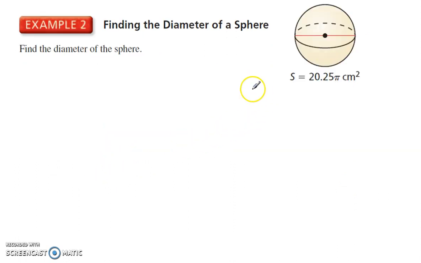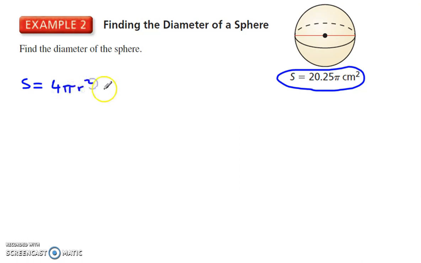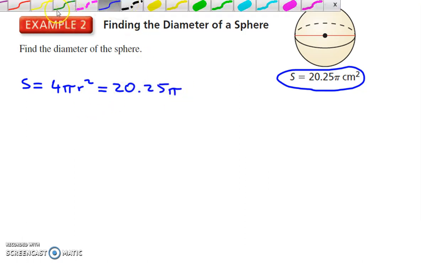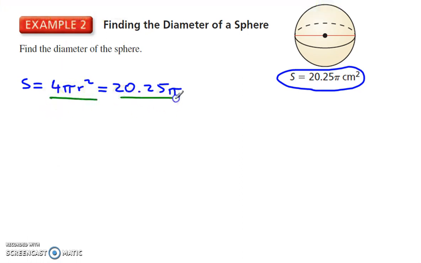All right. If I know the surface area and I want to find the diameter, I'm going to use my formula again. I know that surface area is 4 pi r squared, and I know that that is 20.25 pi. We're going to do a similar process as before. Divide each side by pi, that cancels that out.